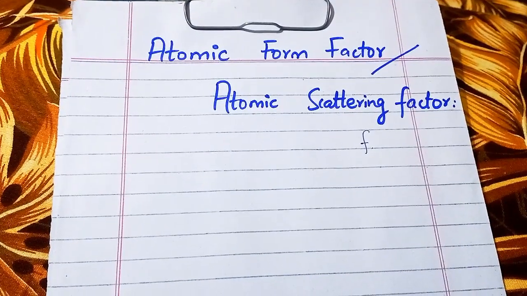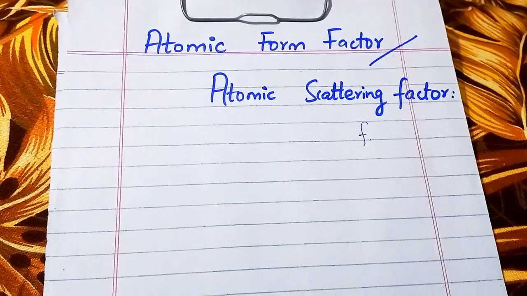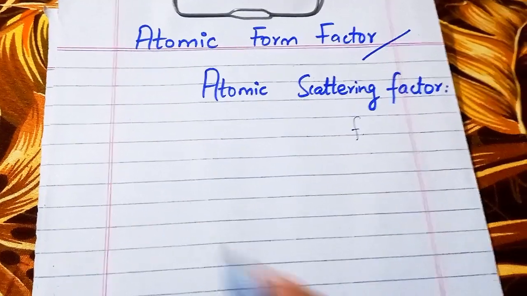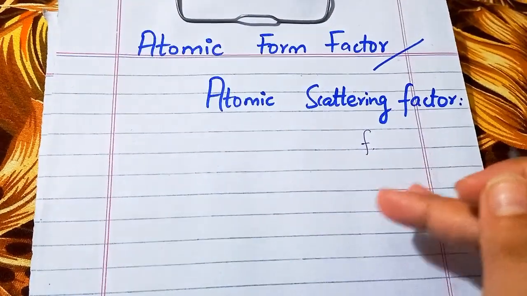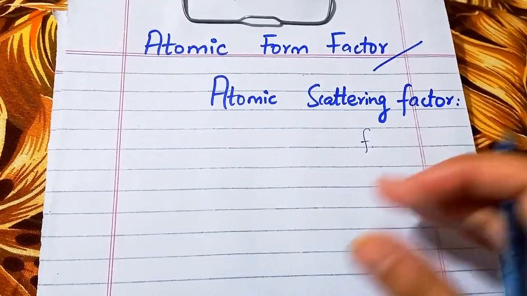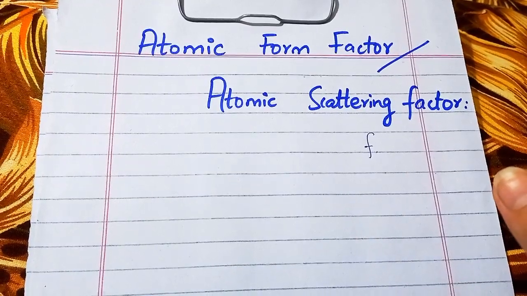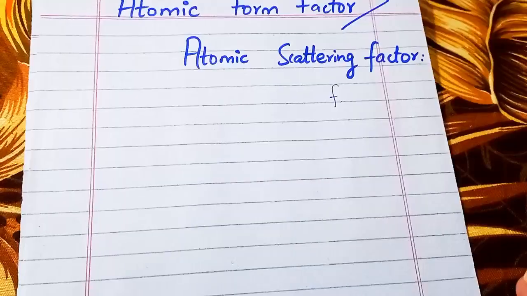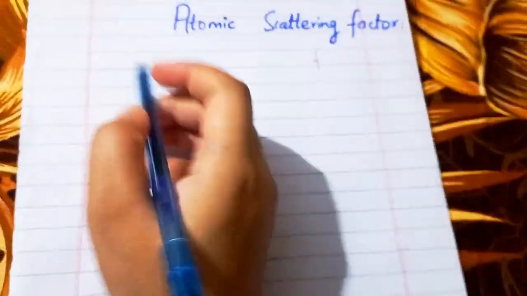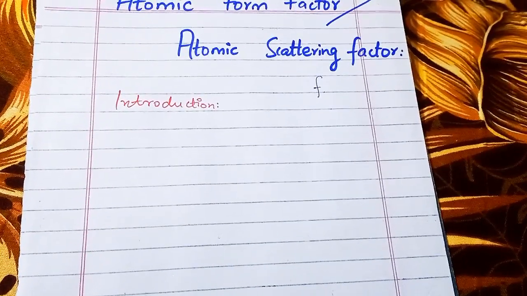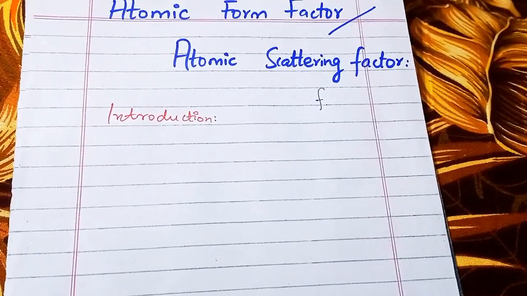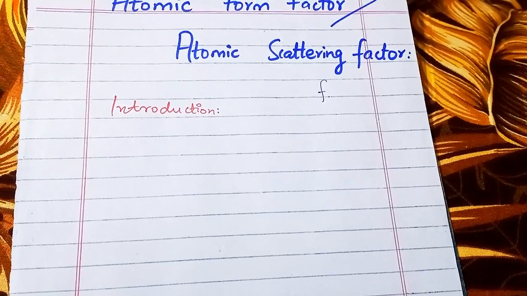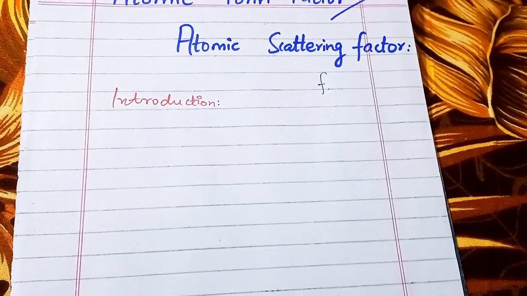Let's start writing, and whatever I'm going to write is something that you can write on paper as a response to this question if someone asks you to define it and elaborate that concept, or you can tailor the explanation according to your needs. So let's start with the introduction and then we'll write the definition and mathematical formulas of atomic scattering factor, and meanwhile I'll also explain each and everything.